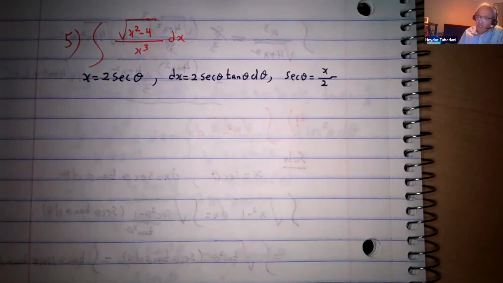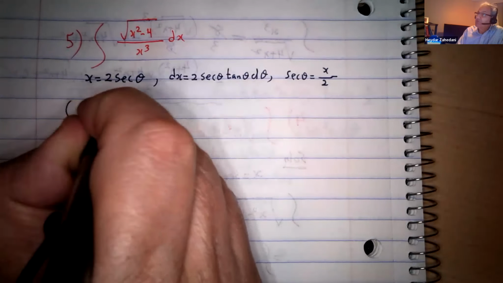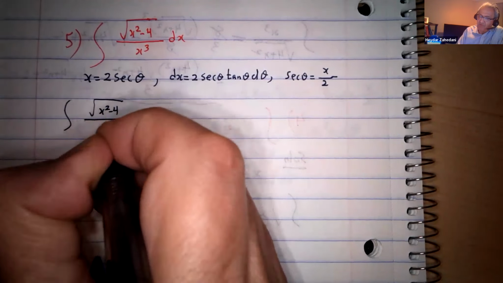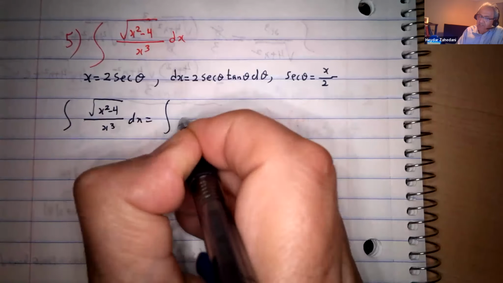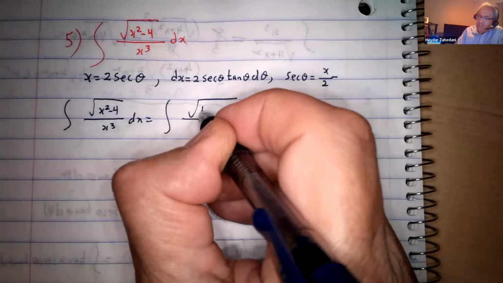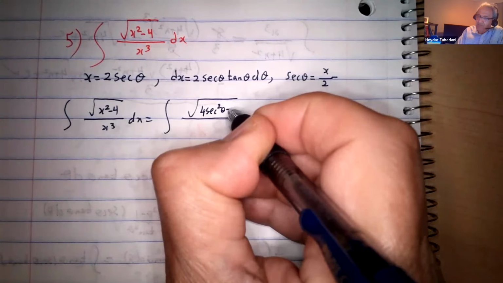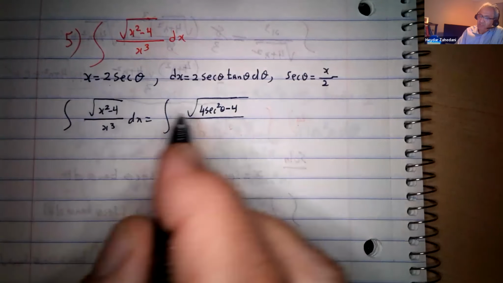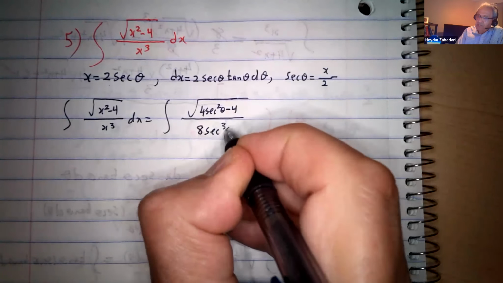Substitute, simplify it. So start with the given integral. That would be radical x squared minus 4 over x cubed dx. Substitute. The square root of x squared would be 4 secant squared theta minus 4. The bottom one, x cubed, is going to be 8 secant cubed.